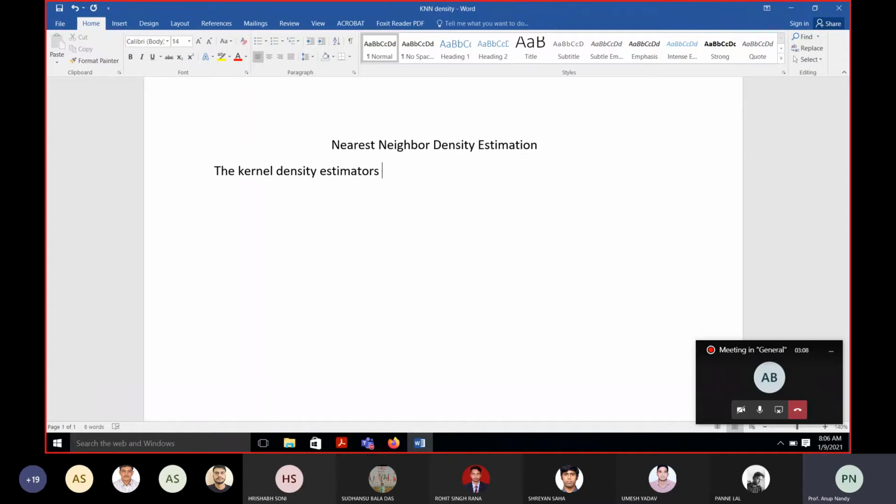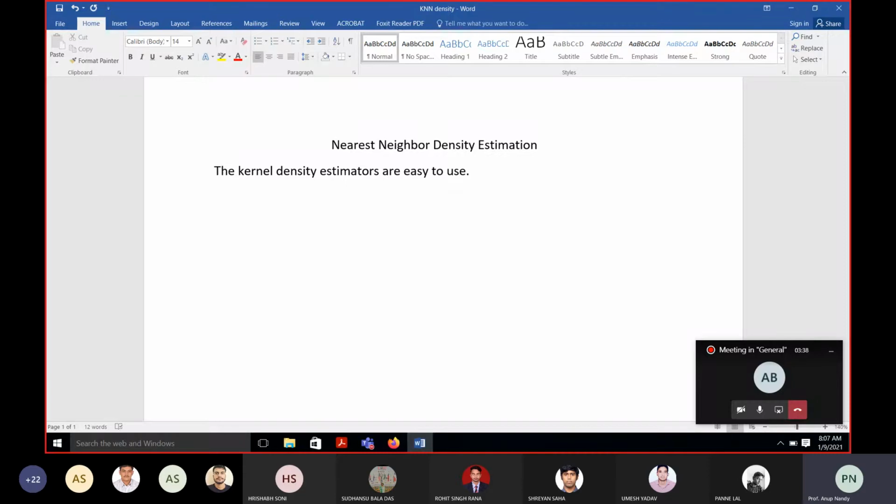The kernel density estimations are very easy to use, and it is the most popular non-parametric density estimation technique, provided that you have enough samples.